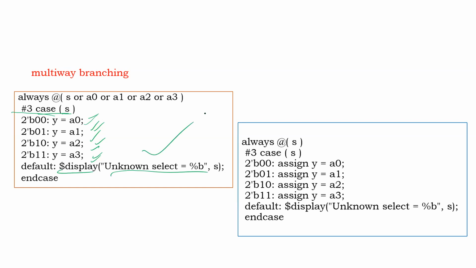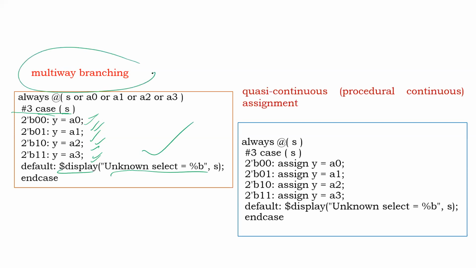Another thing is casex, this is the multi-way branching. And one more is quasi-continuous assignment statements. The same 4 to 1 mux, I am writing in different ways. Here is the same always, case, expression, and these are the case statements. What is the difference here and there?